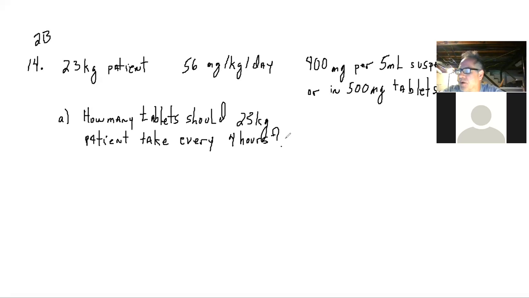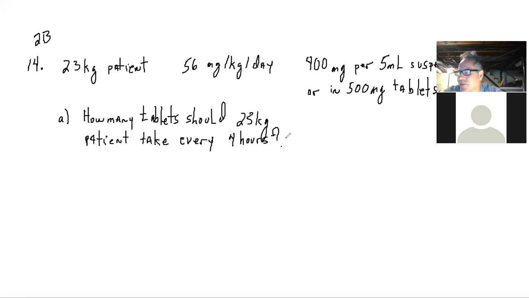So to solve problems, and we're doing the unit analysis, we want to first identify the units being involved in the problem and the units that you expect for the answer. The problem asks how many tablets a patient needs to take every 4 hours.